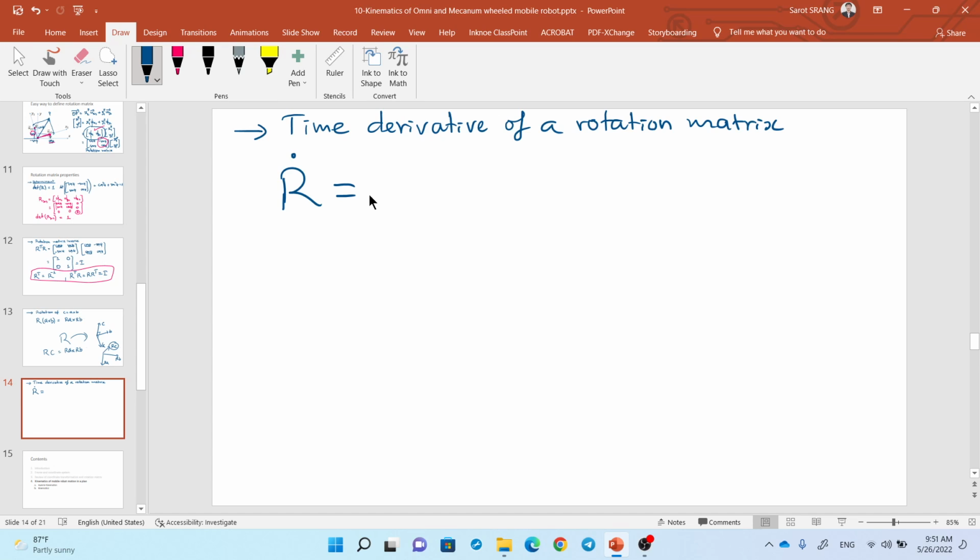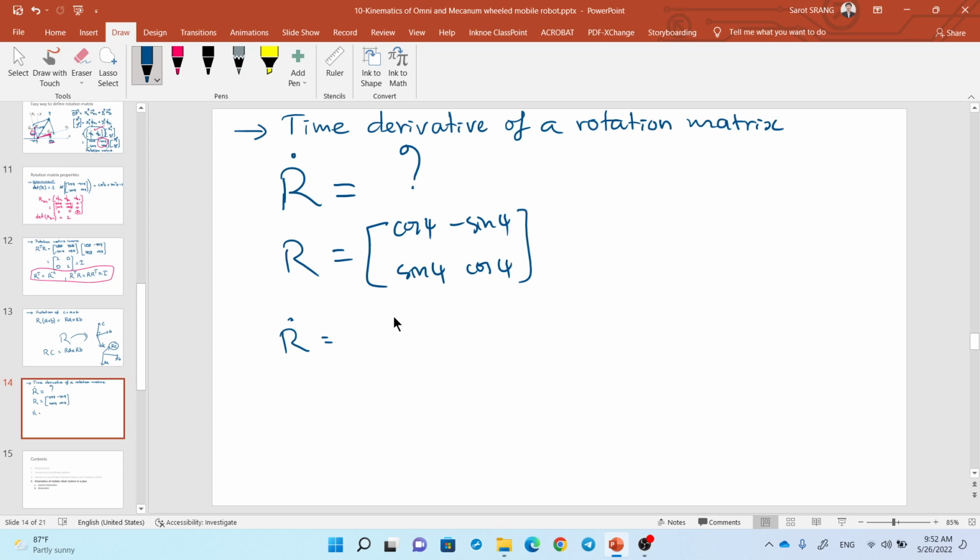Actually, there is a way to prove this very nicely that applies to any arbitrary rotation matrix, but I will just show it by a trivial method specifically for the rotation matrix that we saw here. Let's say now we have R as cosine psi, sine psi, minus sine psi, cosine psi. Then we take the time derivative.